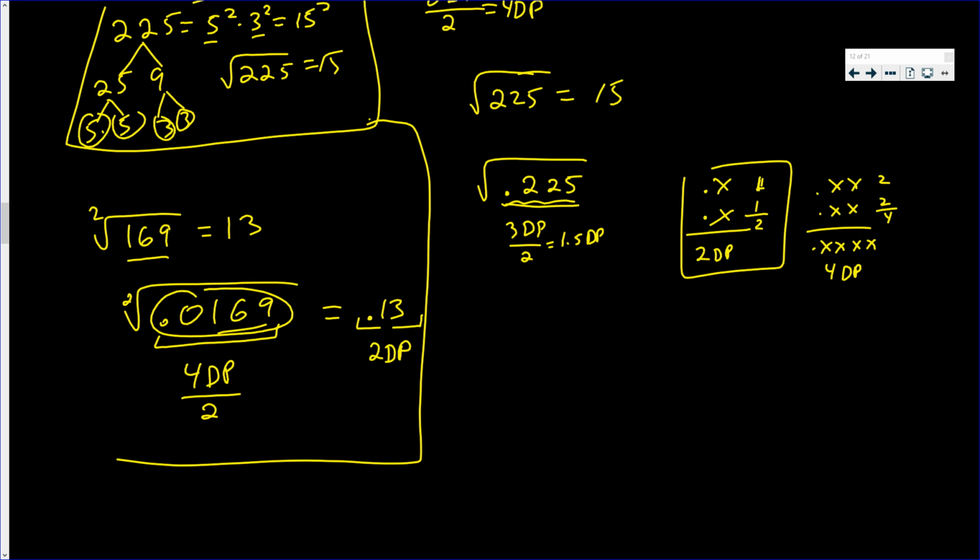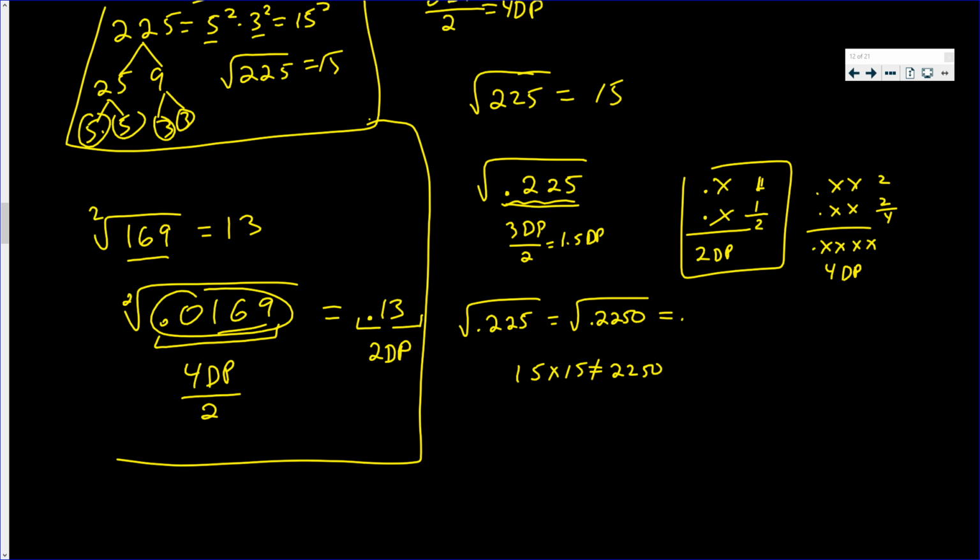Now, you have every right to say, well, 0.225 is equal to 0.2250, which is a 2 decimal place number. And I will give you that. The problem is that 15 times 15 is not 2250. It's not that.